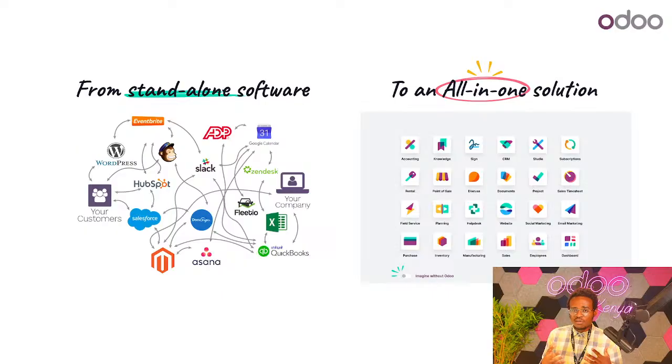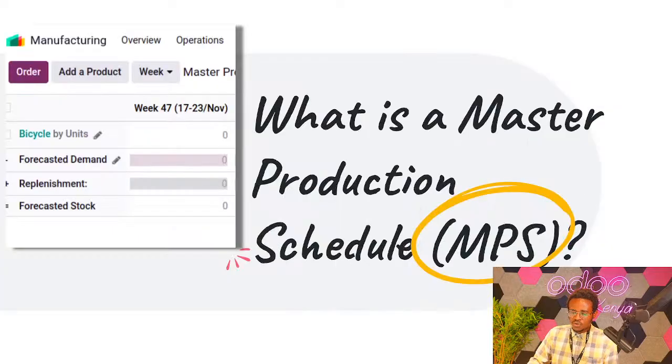So for example, in Odoo, you have applications like CRM, your sales, your purchases, and your inventory, all these applications talking to each other so that you have a nice and neat solution. Your business does not have to be chaos, but it can run like a well-oiled machine. So that is basically what Odoo is.